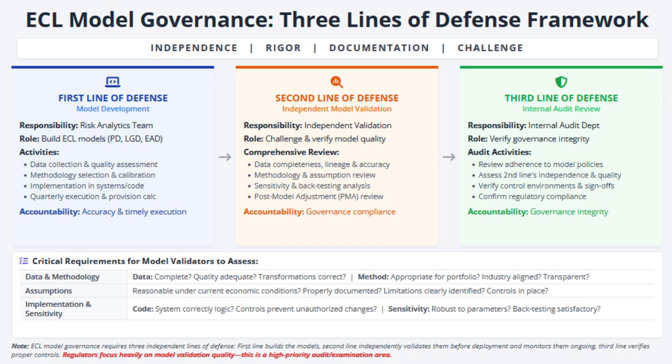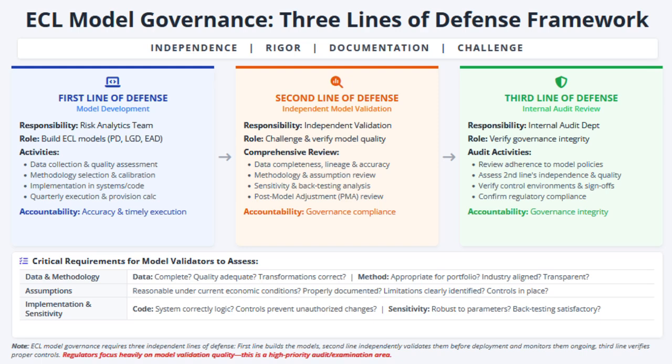And why does this matter? This is because ECL provisions are material to financial statements and directly impact the regulatory capital ratios. If a bank's PD models are wrong and overstated, the bank's provision might be excessive, masking the true financial situation. If they are understated, the bank is under-reserved and at risk of capital inadequacy.